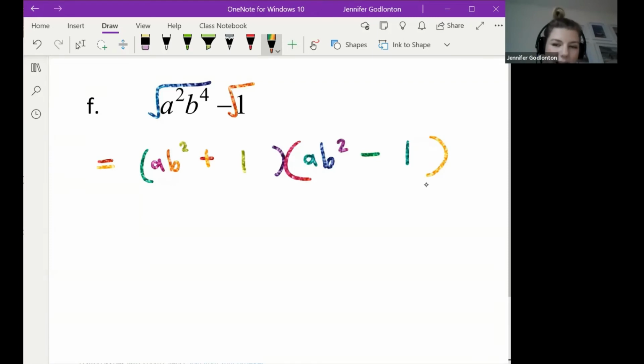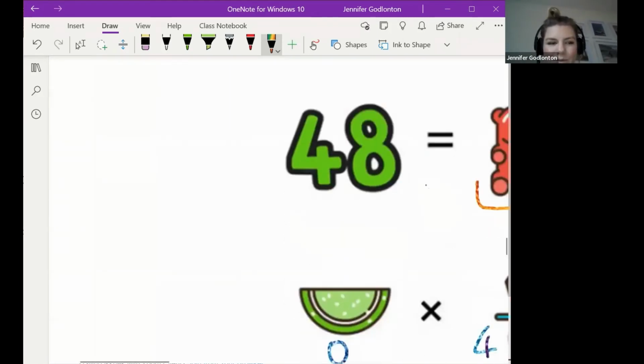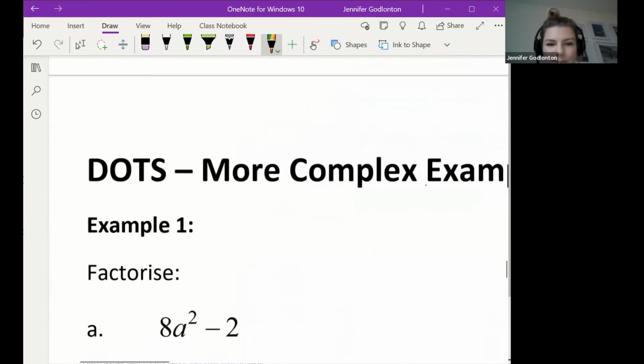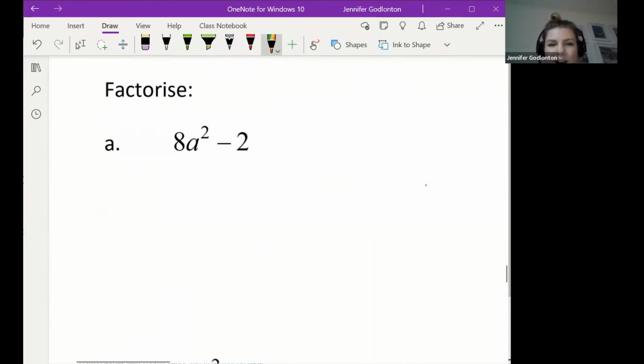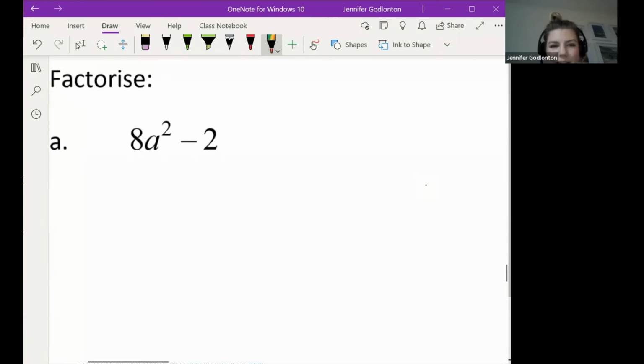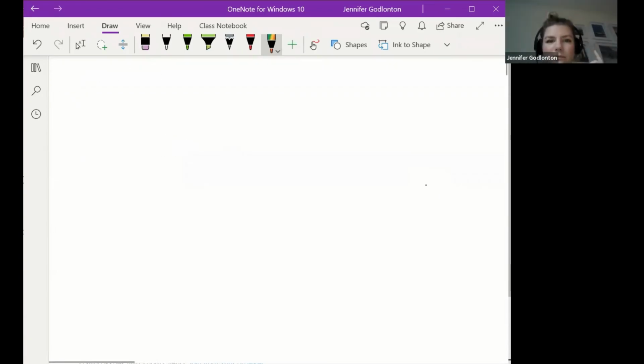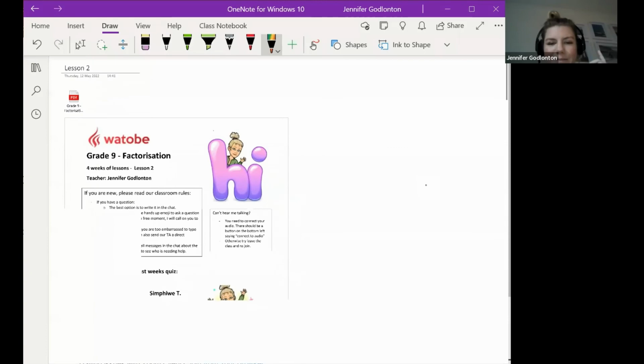Okay, let's make them a bit trickier now, because that's when they start getting more fun. Let's look at this question over here.